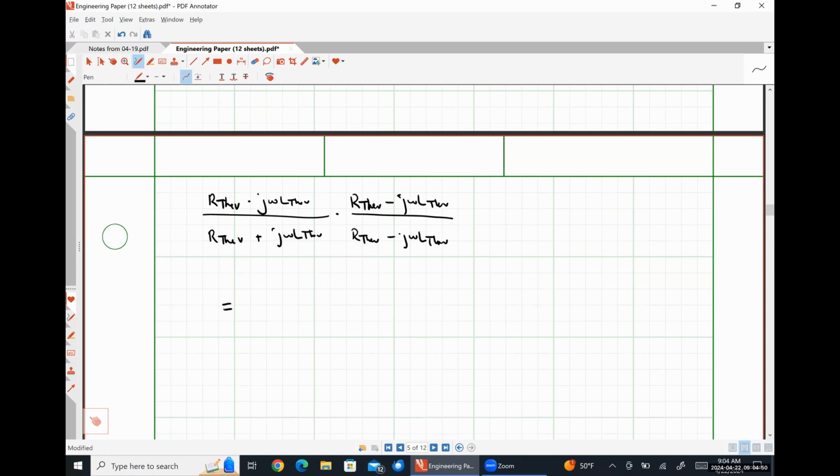And I'm just going to put an equal sign down here. So that's going to look like R Thev times R Thev, so I'm going to square that. Then I'm going to have j omega L Thev.